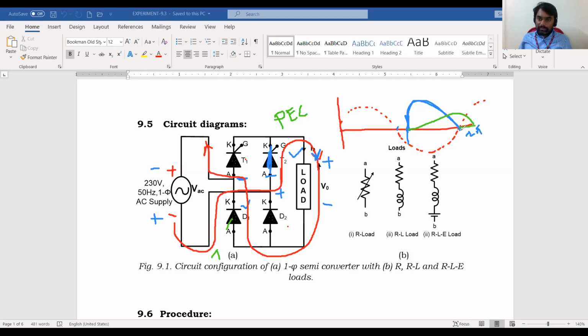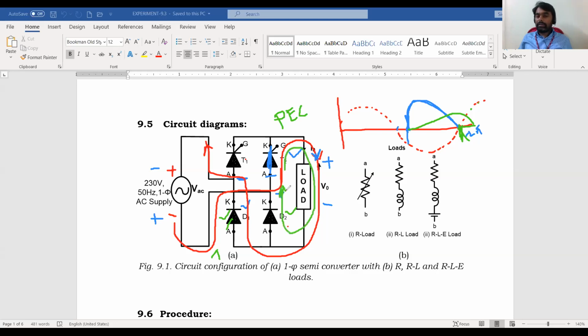During this interval, the voltage is becoming reverse, that means the positive half cycle is coming into the picture. During that interval, D2 is in forward bias condition. So instead of flowing the current through D1 during the negative half cycle, just after this 2 pi onwards, the current, with thyristor T2 in conduction state, will take the path like this.